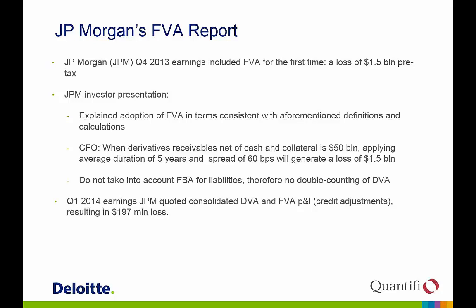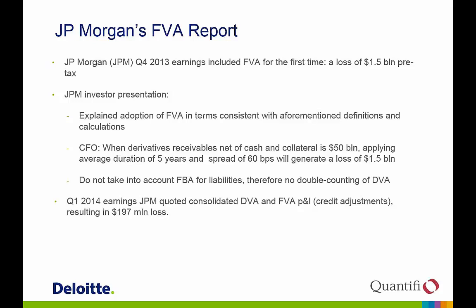Also, the JP Morgan CFO explained how this loss of 1.5 billion could be obtained. When derivatives receivables net of cash and collateral is 50 billion, applying an average duration of 5 years and a spread of 60 basis points will generate exactly a loss of 1.5 billion. Once again, we have to remember that FVA is the cost of funding, not of immediate borrowing of collateral, but borrowing of collateral for the whole life of the trade.